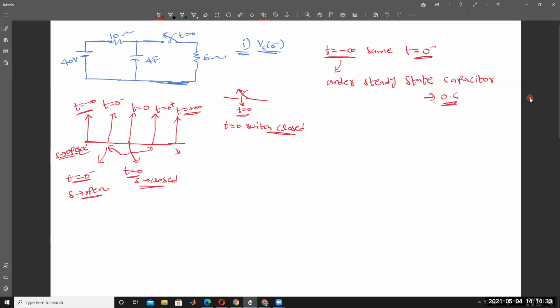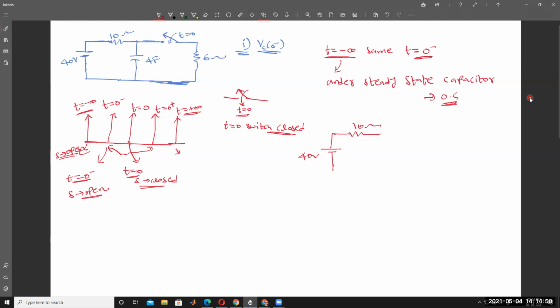So this is the circuit diagram. Here a 10 ohm resistor, here 40 volts, and here what is the position of the switch?